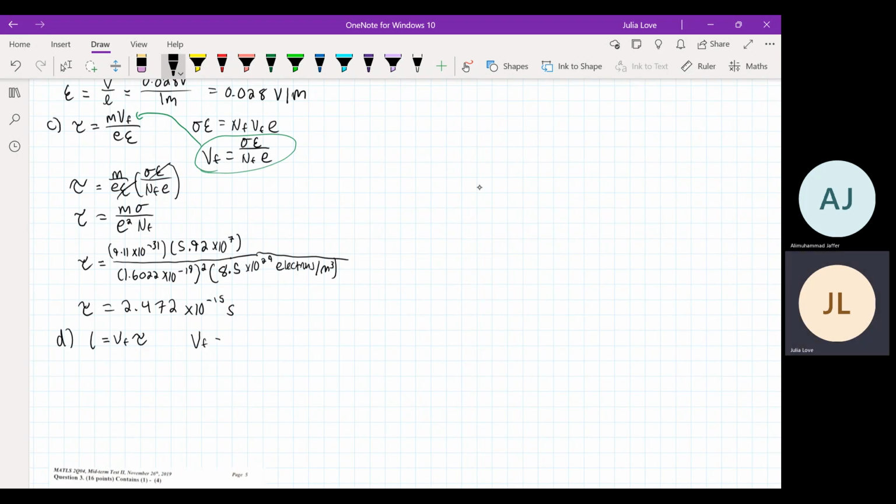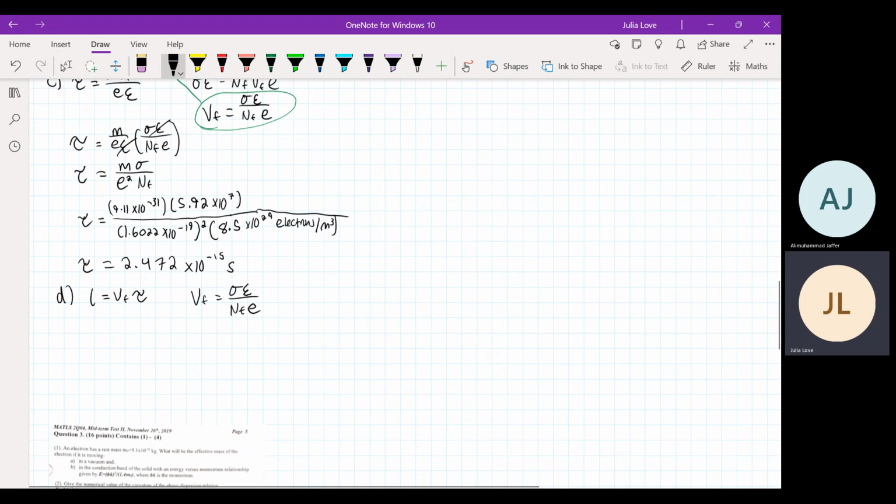And we know from above that this v_F term can also be rewritten like this in terms of everything we know. So we plug that back in. So using our relaxation time, and we've already basically found all of these parameters above as well. We've used them.